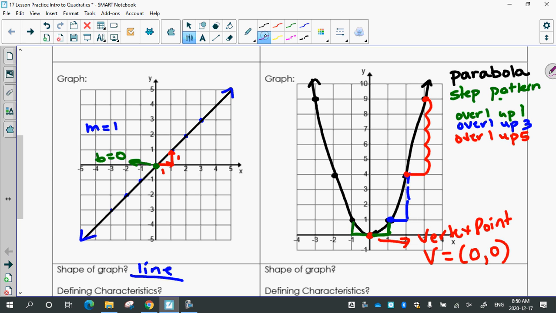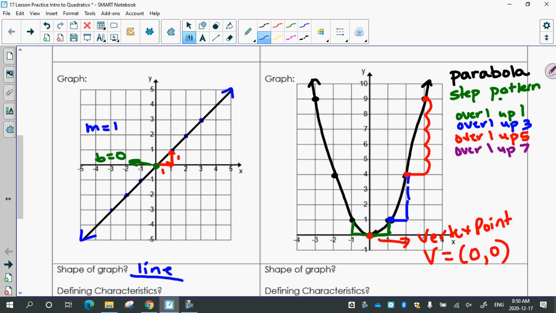Anyone have a guess what would happen next? Yes, it does follow that pattern. Then it would be over 1, up 7, then 9, 11. Everybody get that? So that's the regular step pattern.